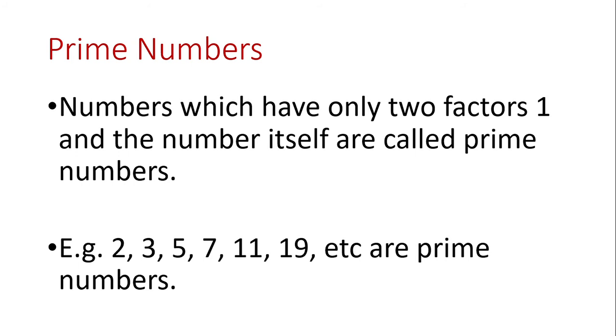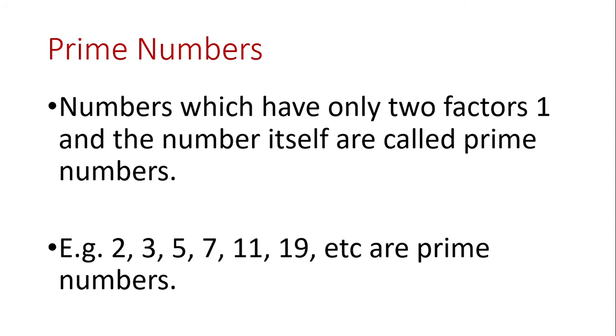So whatever number we multiply, we cannot get 3 except for 1. 1 is a factor always. So 3 is a prime number which only has two factors, because it always has the factor itself.